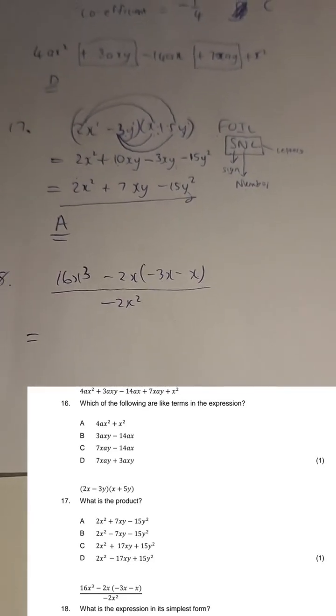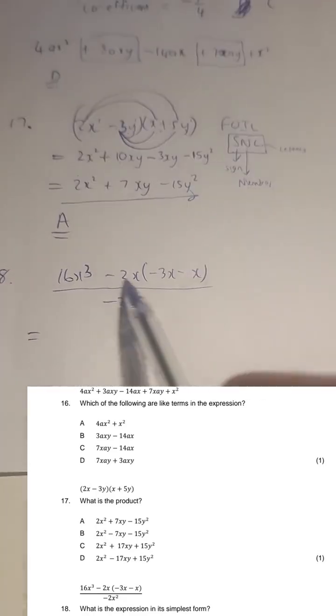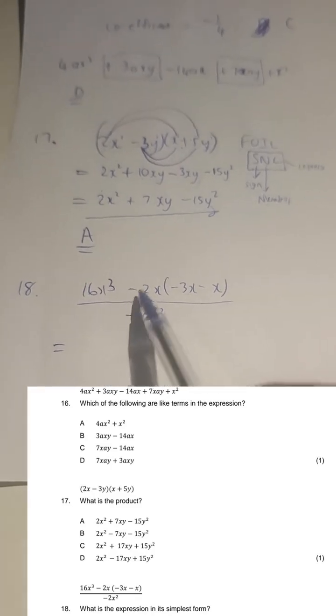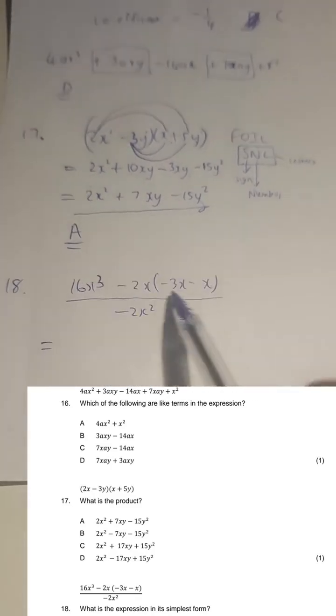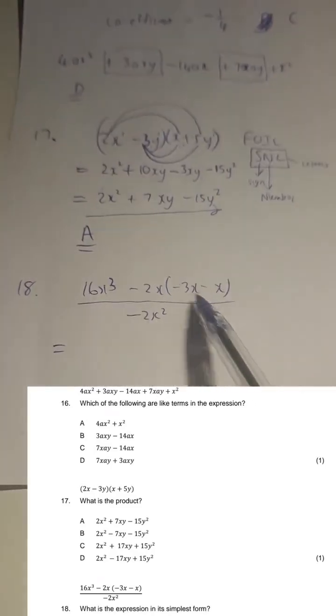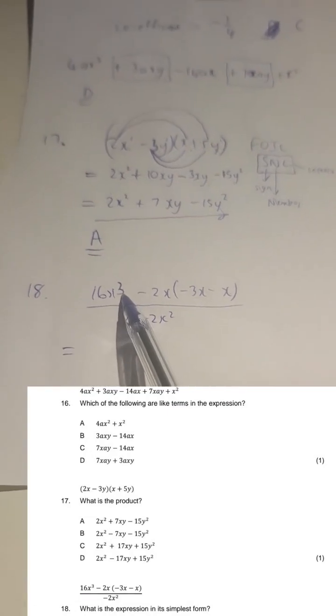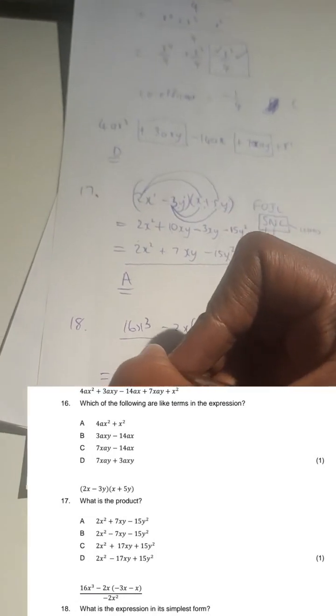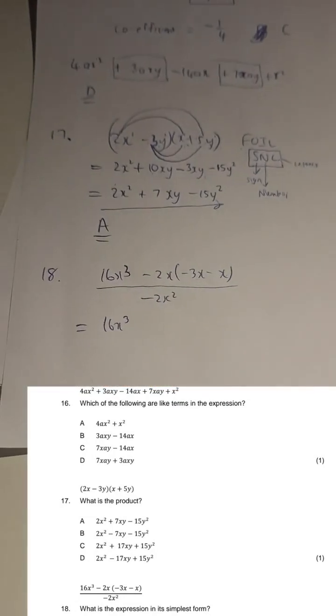So 16x cubed is one term, minus, then 2x into minus 3x minus x. This is a separate term from 16x cubed. So 16x cubed must just stand there for now and wait.